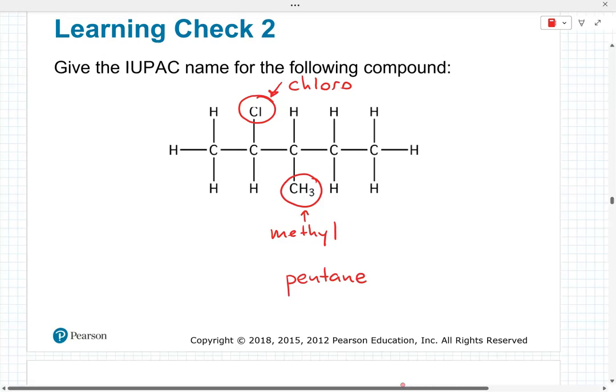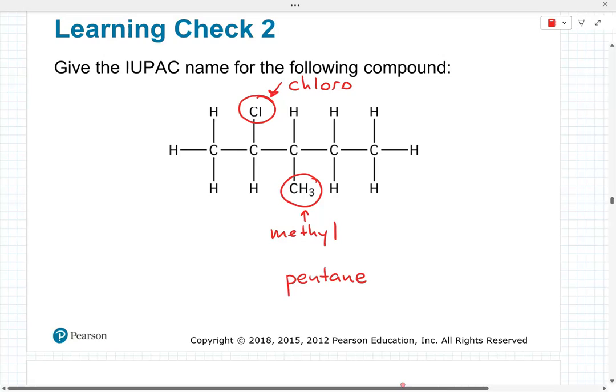Why can't we do 3-methyl-4-chloro? Why can't we do 4-chloro-3-methyl? Can we? Folks, there is no chemical sense. It's not a law. It's what a bunch of nerds agreed on.